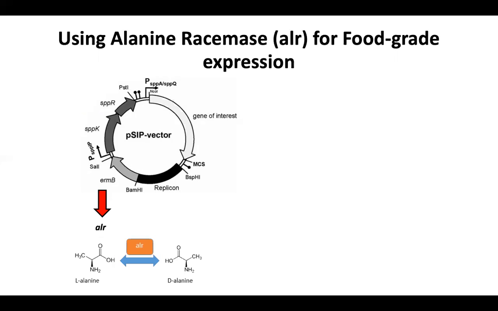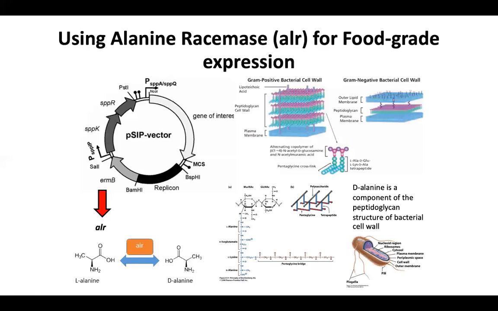Alanine racemase is an enzyme that will convert the amino acid L-alanine to D-alanine. You know, the mirror image of the molecules that always have an L form and D form. Turns out the L form is the form that you find in nature, all right? But the D form, nature does not have. The bacteria need it to produce a part of the cell wall.